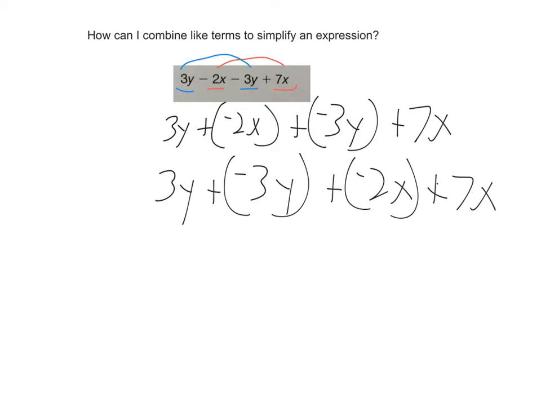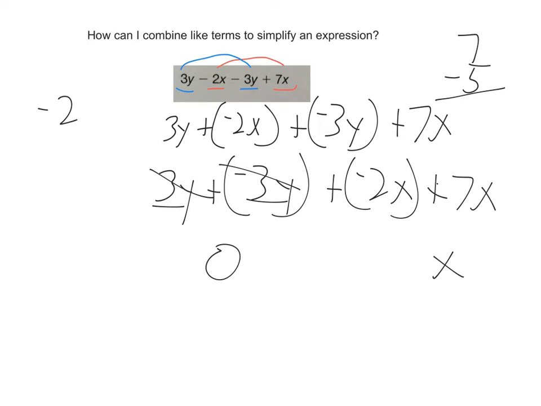Now, when I go to combine these, I see 3y and negative 3y. Well, those are the additive inverse of each other, so they're going to actually cancel out, and it will be 0y, which is just 0, nothing. Bye-bye. And then I have negative 2x and 7x, and I know it's going to be an x, and then when I add negative 2 and 7, I'm going to take the difference of their absolute values.